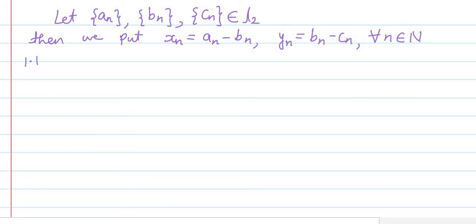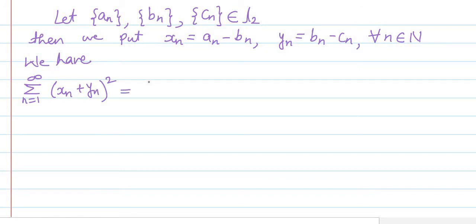Okay. Then we have the summation over n equal to 1 to infinity of (Xn plus Yn) whole square.